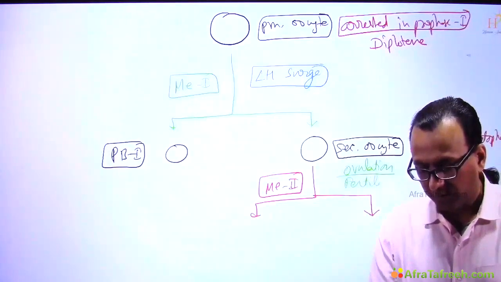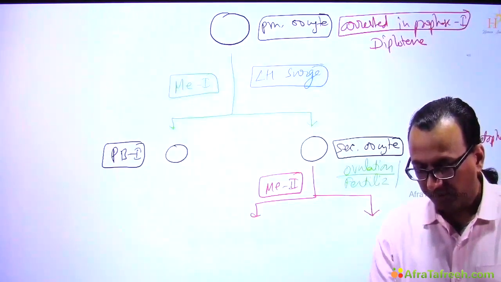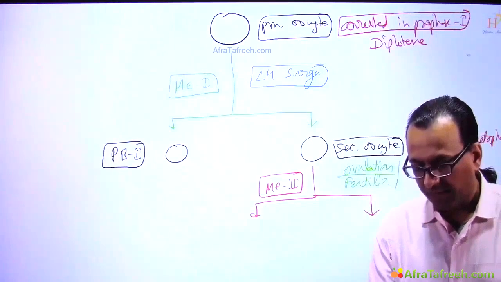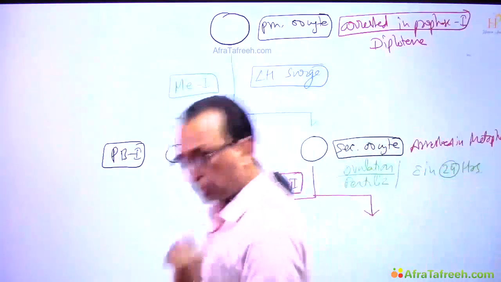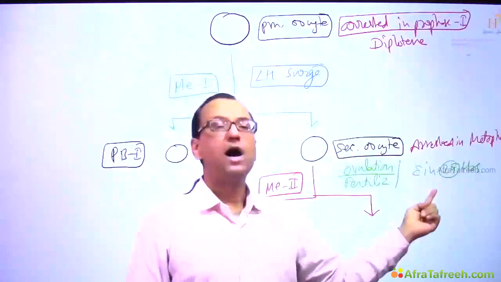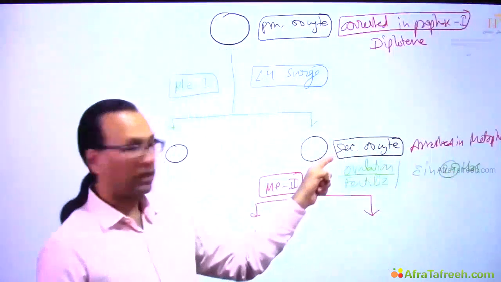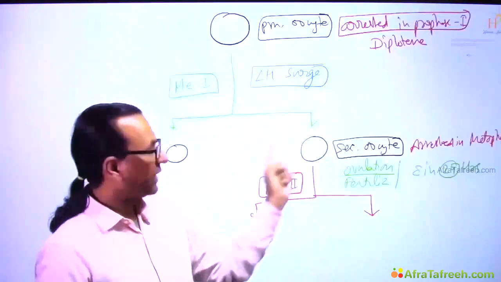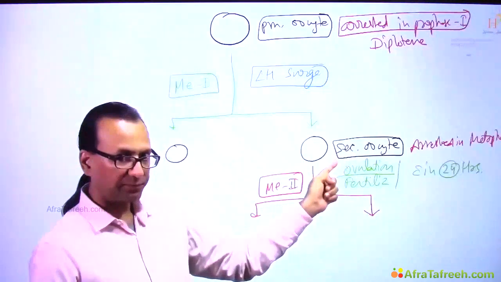And what if the sperm is not available within 24 hours? You have to understand that fertilization should occur within 24 hours of ovulation, otherwise the secondary oocyte will be degenerated and is menstruated.